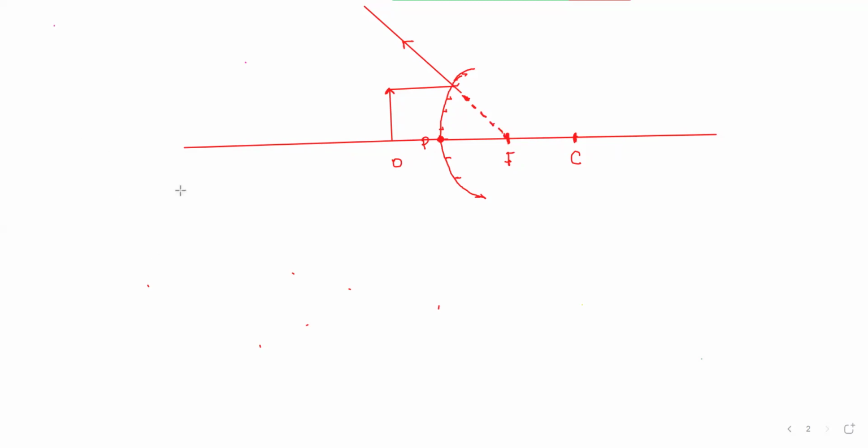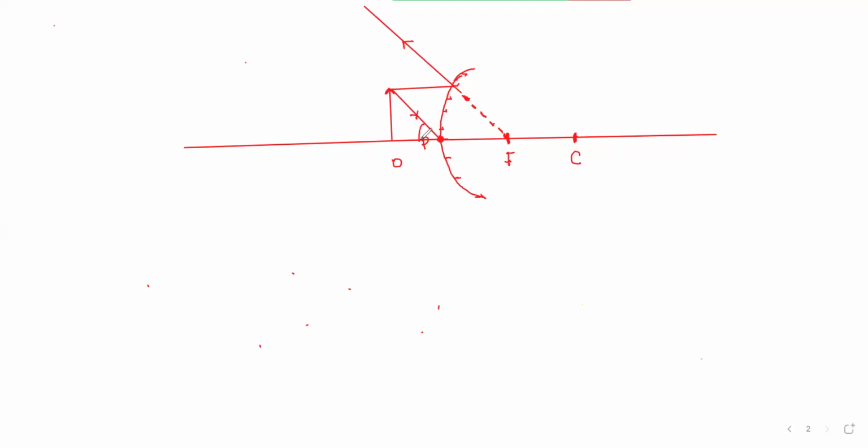Then a ray of light hitting the pole. The rays are always from the object. A ray of light hitting the pole must reflect at the same angle. So this angle here must be equal to whatever I'm going to draw as an angle.